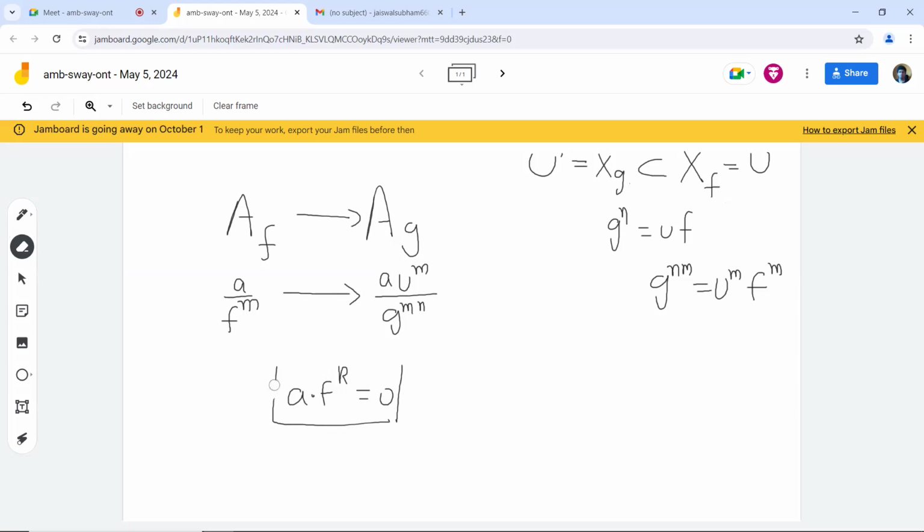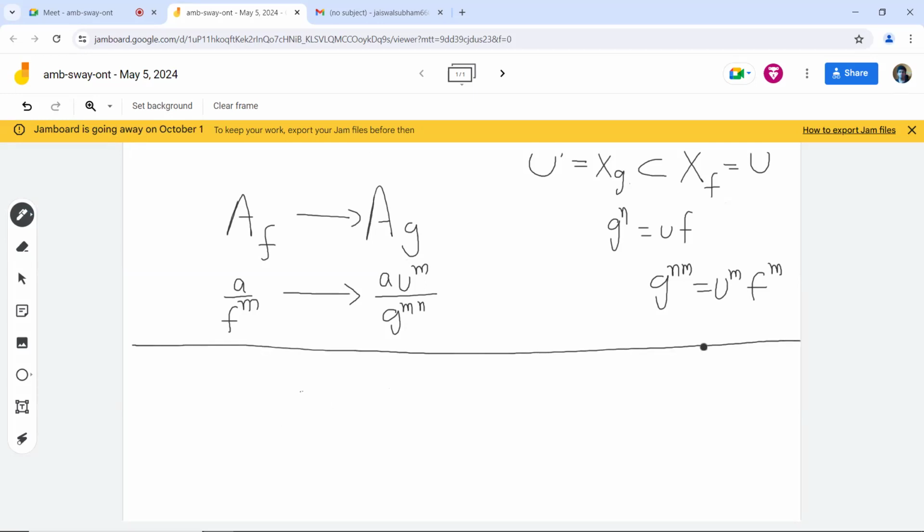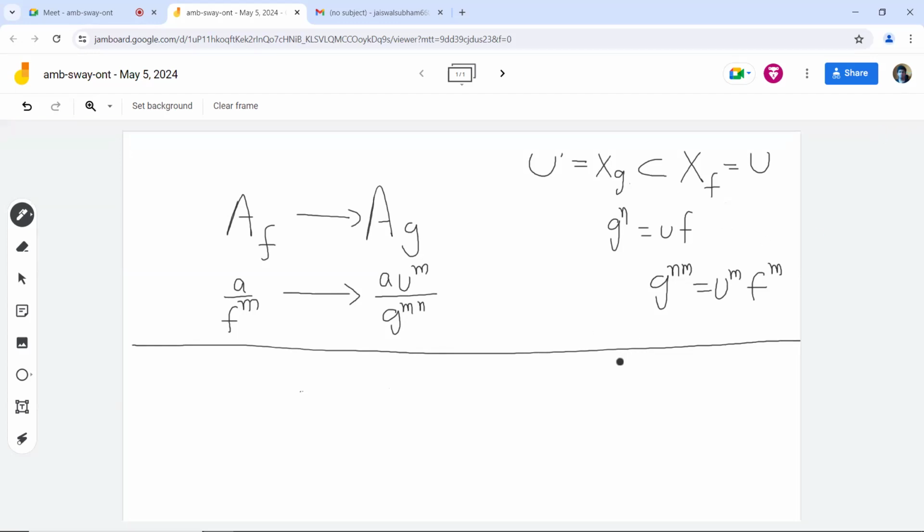So the map is well defined. Yes, so we have to do part 1 first.